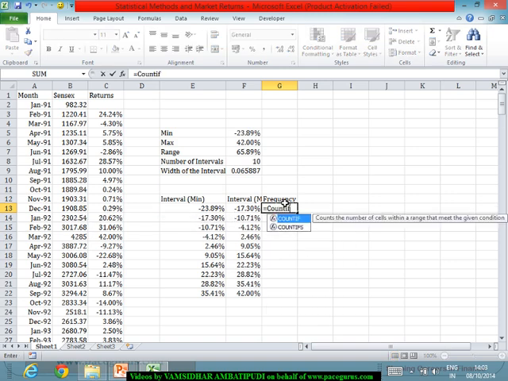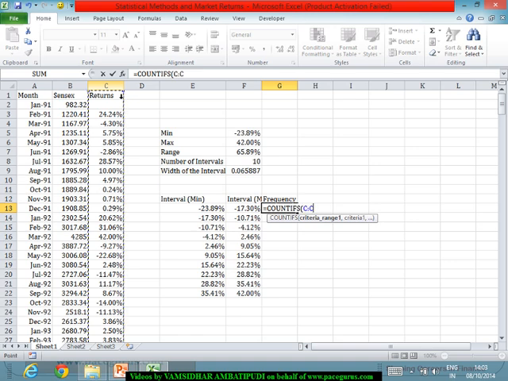So I'll use a function called COUNTIFS, which talks about within this particular range, I want to see the values which are less than or equal to minus 23.89% and the values which are greater than minus 23.89 and less than or equal to minus 17.3.